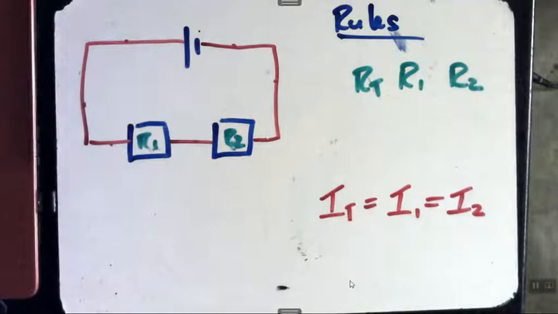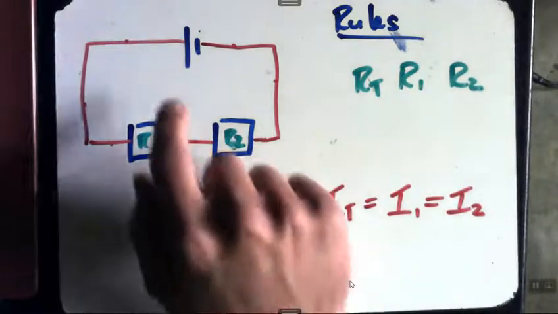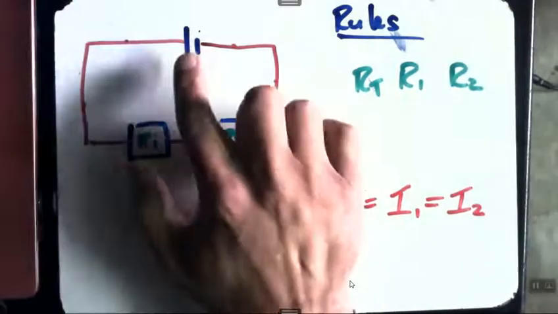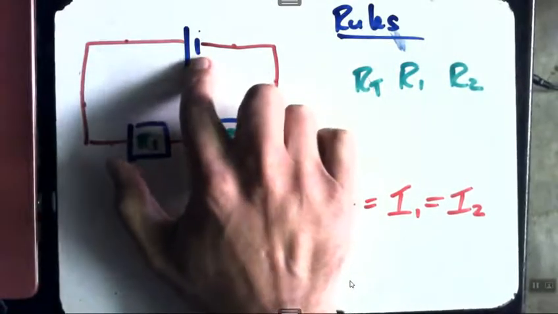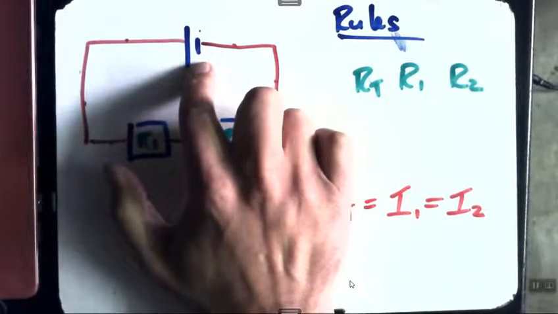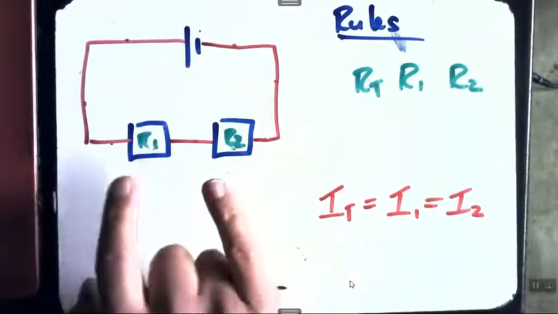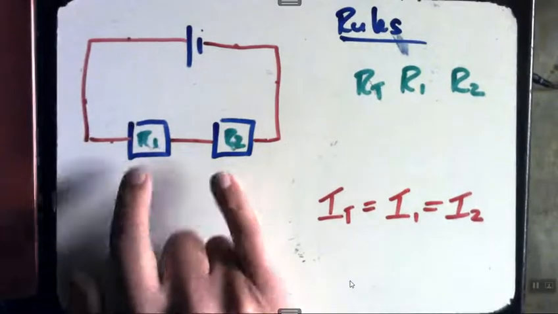But one of the most important rules that I've taught you in energy or circuits is that the energy given, the joules per coulomb given, must be used by the resistors.